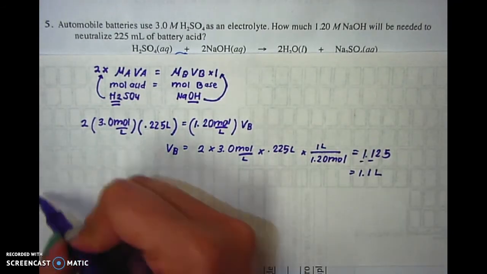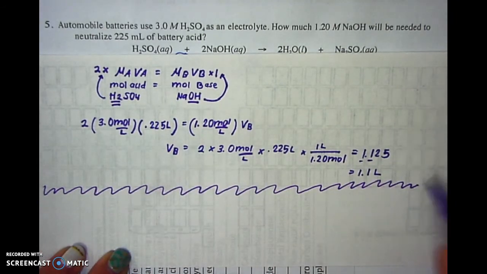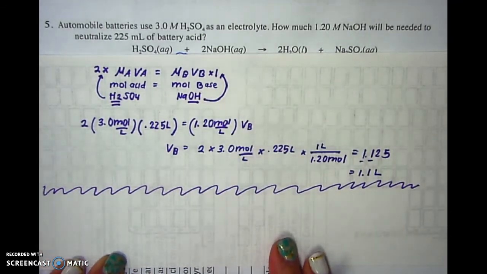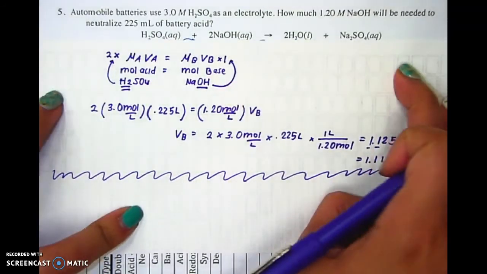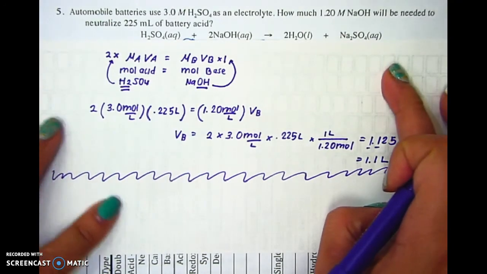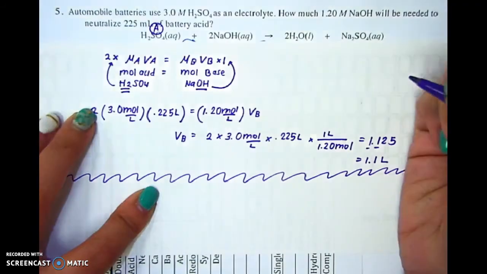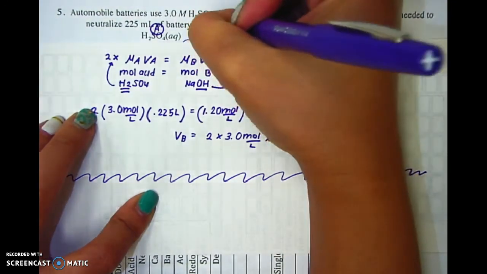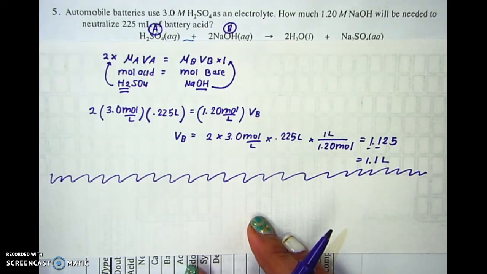Now, another way to set up this problem if you do not want to use this equation, although it is easier, you could also set it up using stoichiometry. And we could say that we know everything about our acid, so that becomes my A. And my B is going to be how many liters or milliliters of your sodium hydroxide we're going to need to get to.